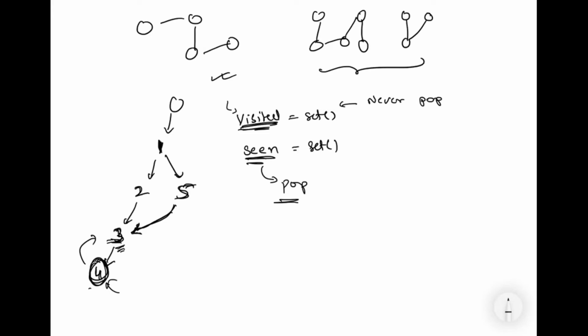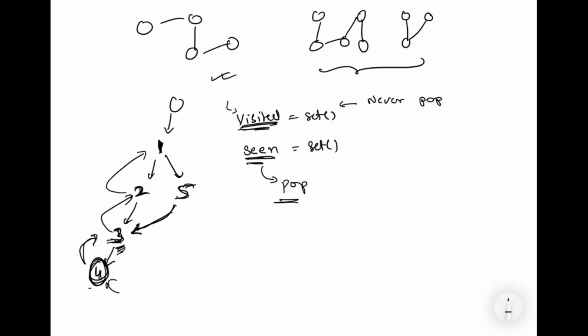So how do we do that? The way is that when we go from 1 to 2, 2 to 3, 3 to 4, when we are coming back, we are popping the node from a similar set that we developed by the name seen, and that we will use to match our ancestor. So when I go back to 2, I have popped 3, and now 3 is no longer in seen. And I come back to 1, now 2 is also no longer in seen.